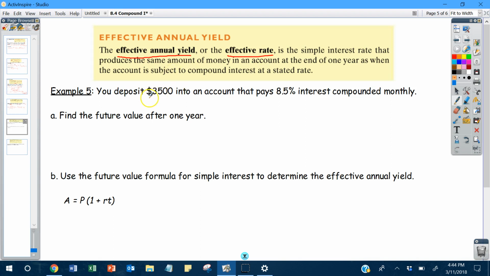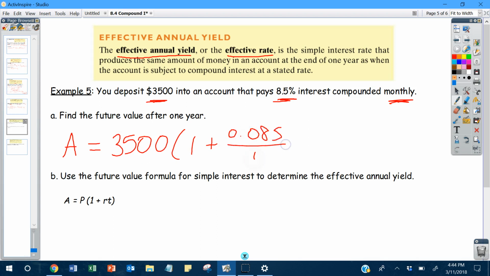So here's an example. We're going to deposit $3,500 into an account paying 8.5% interest compounded monthly. So if I want to find the future value after 1 year, I'm going to use my compound interest formula. Since it says it's compounded, 1 plus R over N, times N, or to the N times T power.